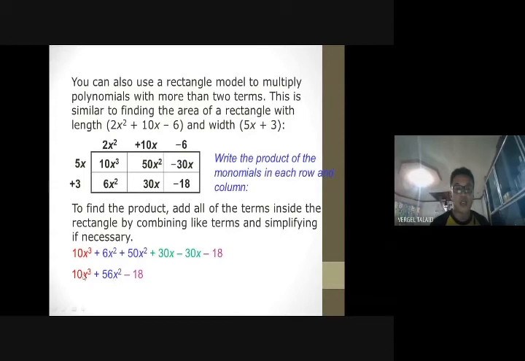Just bring down 10x cubed. Since negative 30x and positive 30x are opposites, this is equal to 0, so you don't need to write 0x. Therefore, just bring down negative 18. So this is now our result, still the same as what we had before. This is a rectangular model because we place our answer in our rectangle.